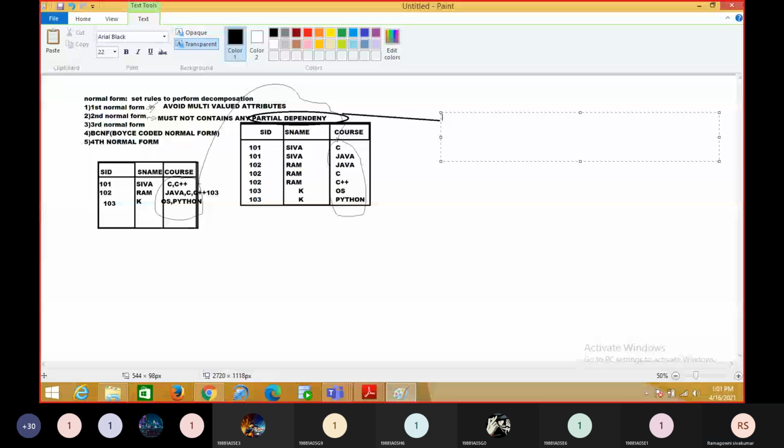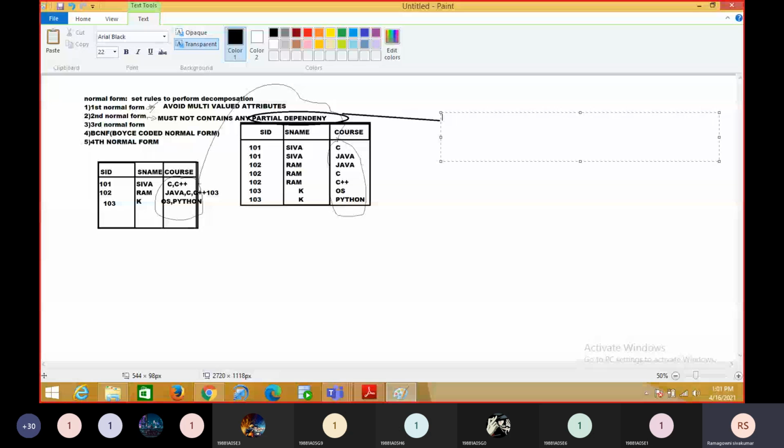The attributes forming the candidate key we call prime attributes.